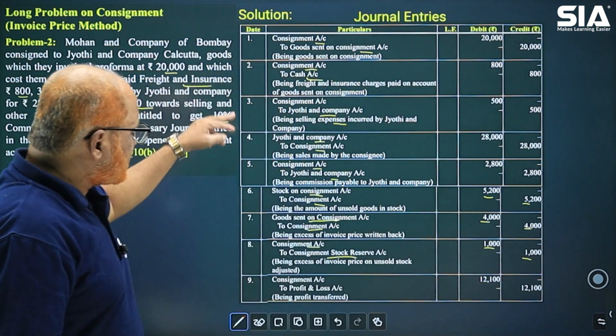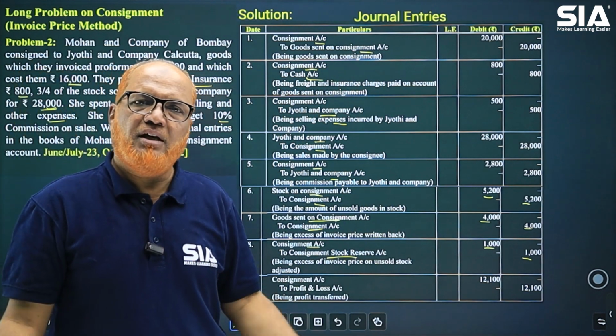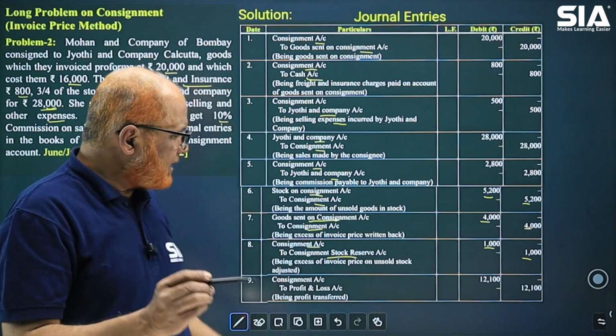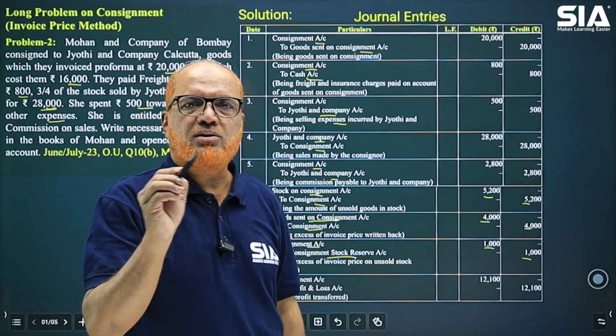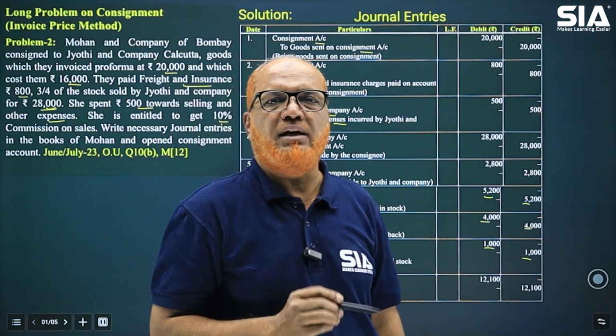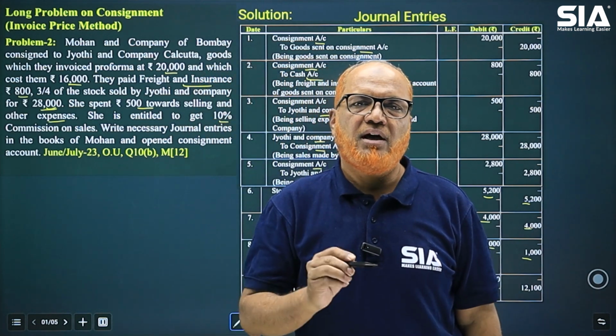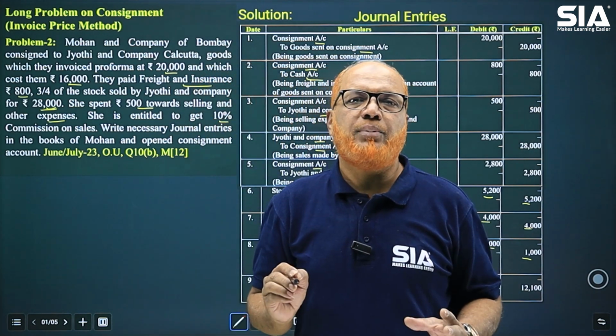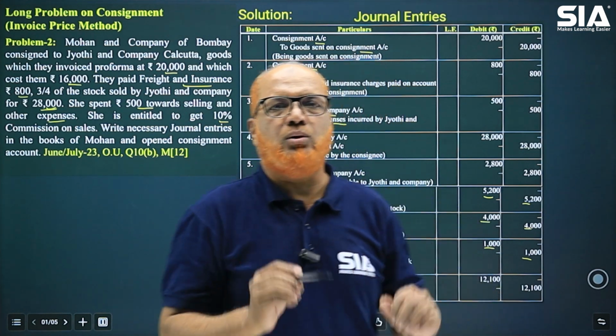The first 8 entries we can easily pass, but the 9th entry is the profit or loss on consignment. We can know this only by preparing the consignment account.